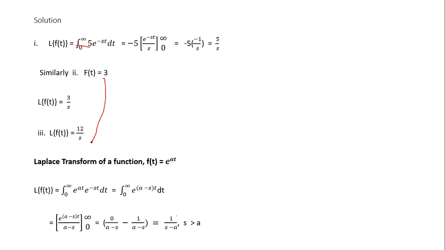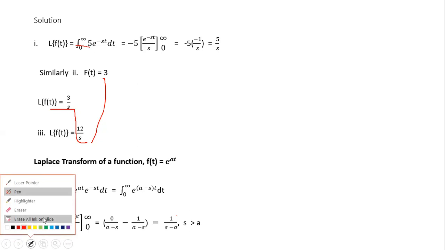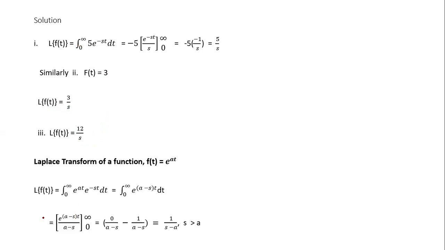F of t equals 12 becomes 12 over s. But I can go through all the processes to see if you can get this one. Good. So now you have seen that whenever you transform the Laplace of a constant, it's a constant over s. That's what we're going to get. It's the principle. Laplace of any constant is that constant over s.